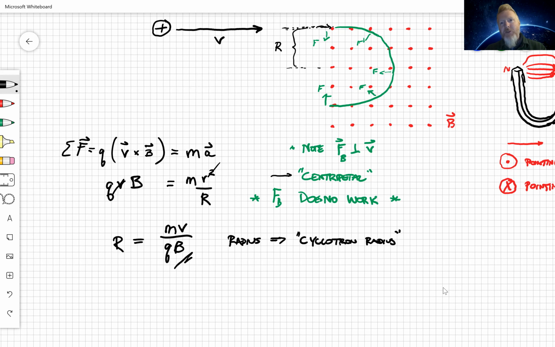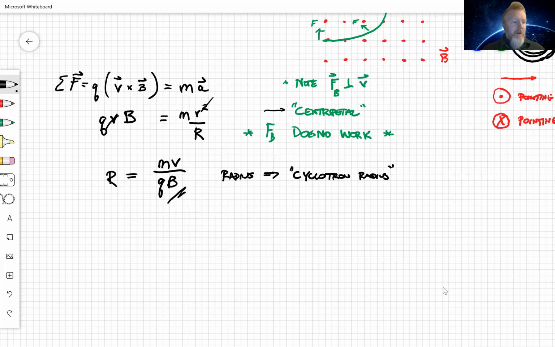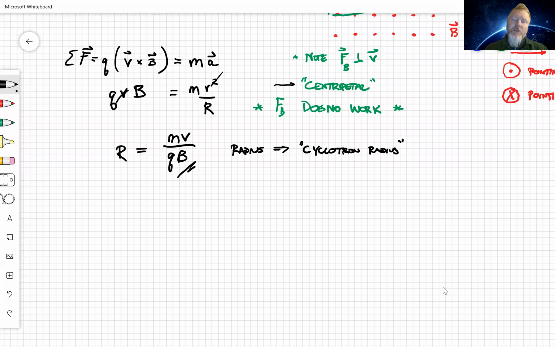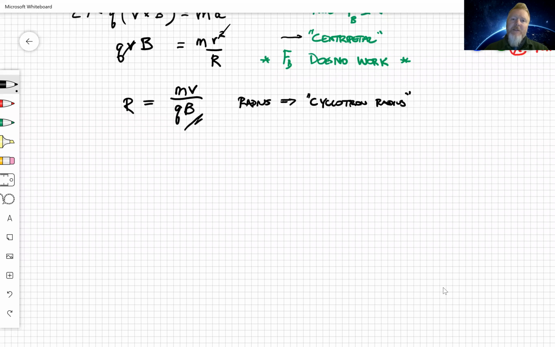So you have to kind of make sure you look at the full 3D picture here, okay? All right, so there's that. So that's for a moving charge, kind of an isolated moving charge. What would be good then is to go back to this idea that in a current, there is a moving charge.